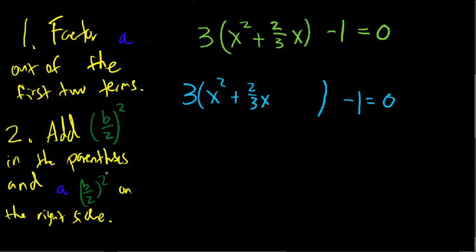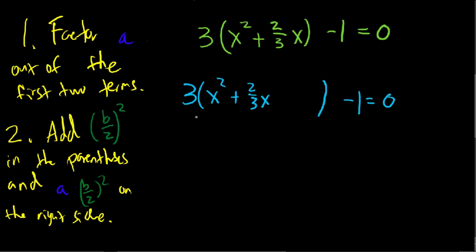One of the rules of working with equations is if you do something to both sides of the equation, then it's not going to change the solution, as long as you're a fair mathematician. So what we're trying to do here is add something to both sides of the equation, which is going to allow us to change the form of one side of the equation. So what we need to add is (b divided by 2) squared.